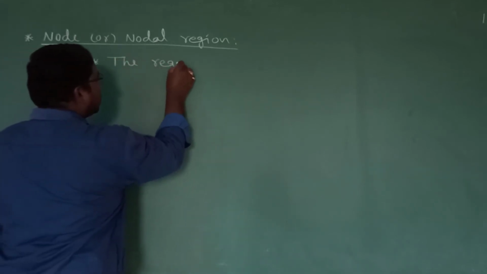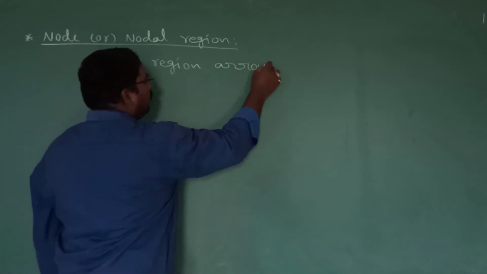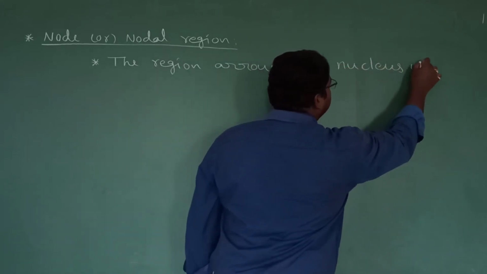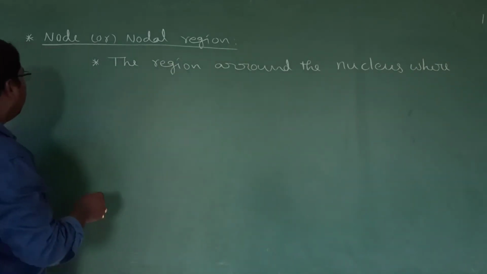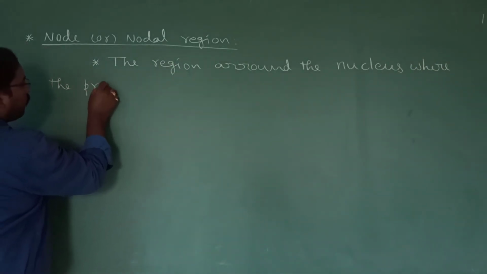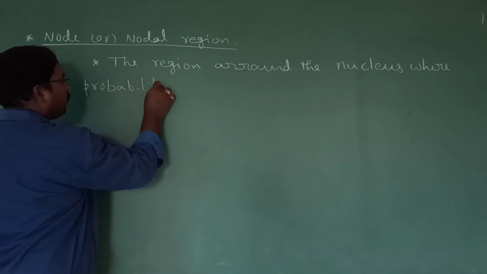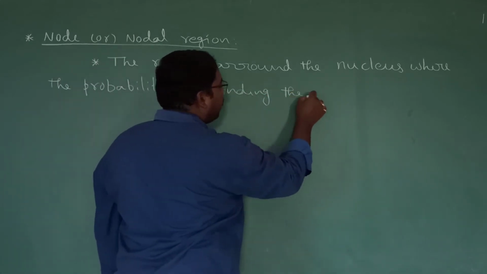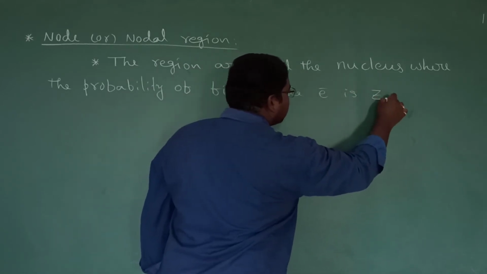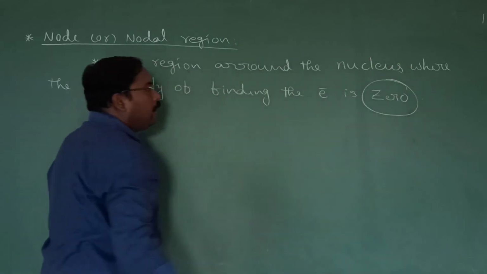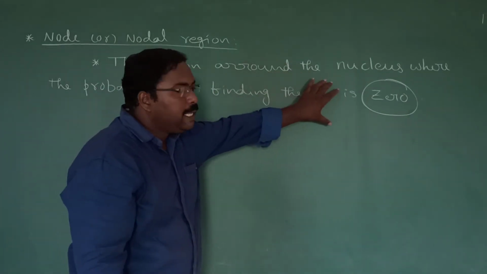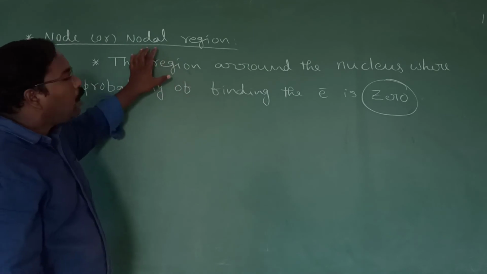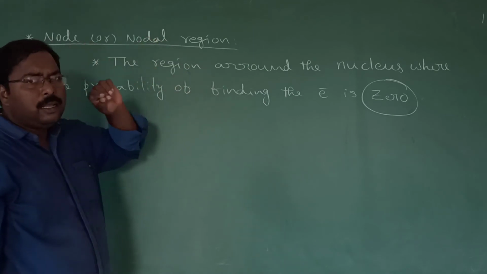The region or space around the nucleus where the probability of finding the electron is 0 is known as a nodal region, or also simply called a node.